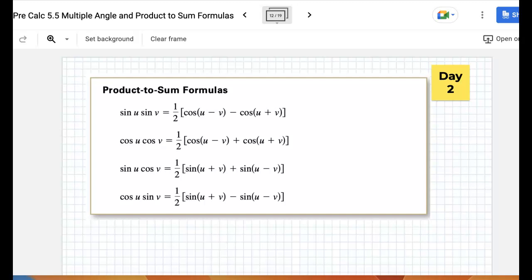So what you see, just as the name would suggest, on the left-hand side of each of these formulas, you have a product. You have the sine ratio of some angle u times the sine ratio of some angle v. It's a product, and you are able to split it up, so to speak, into a sum.